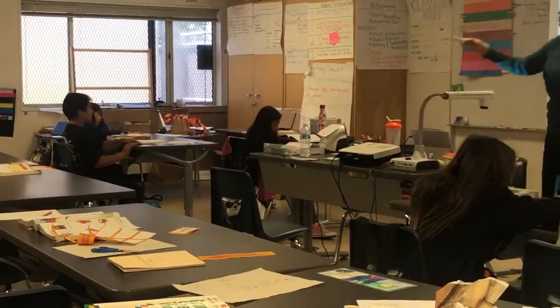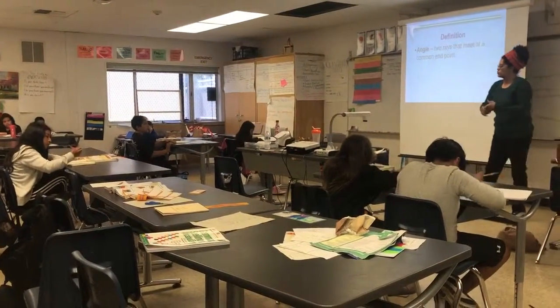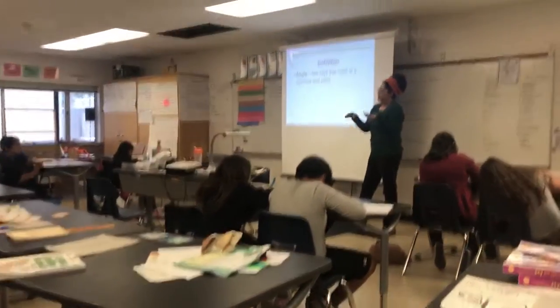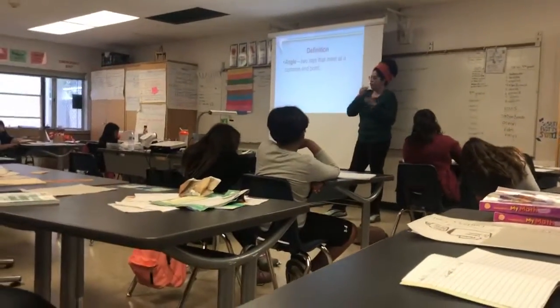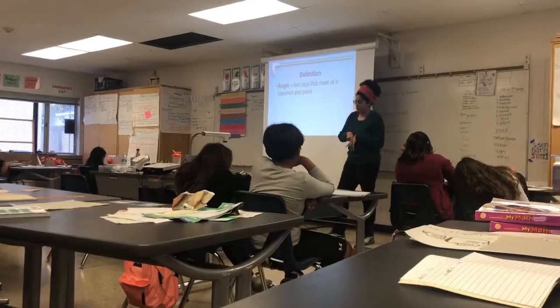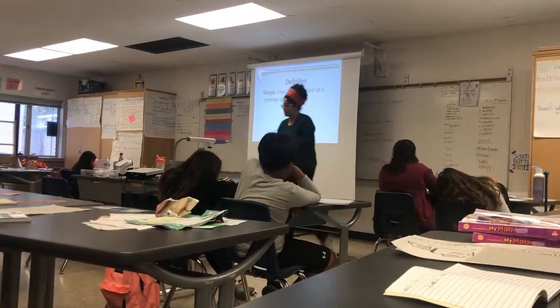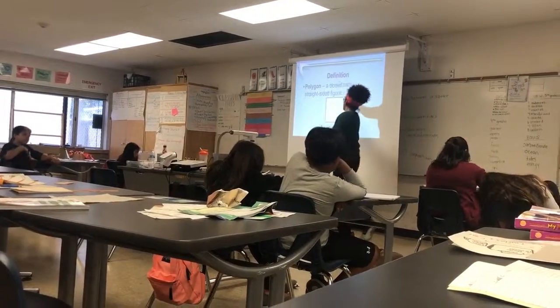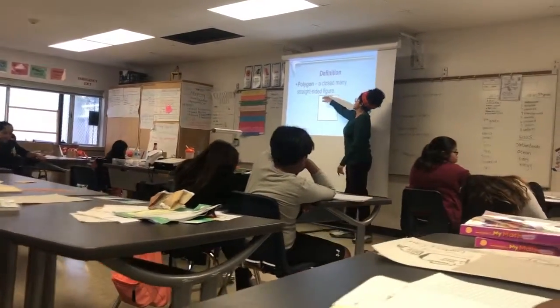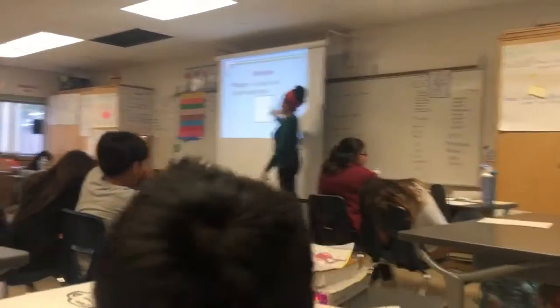So, an angle, you were asking about obtuse, there's right angles. It's when two rays meet at a point. So, going back to our square, where two angles intersect, this would be an angle here because this ray and this ray are intersecting.